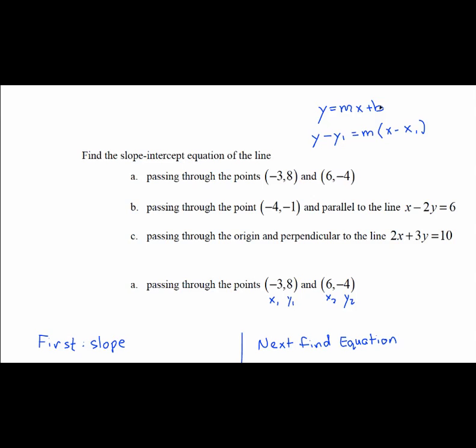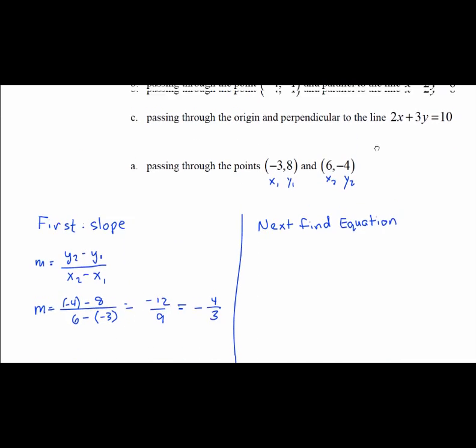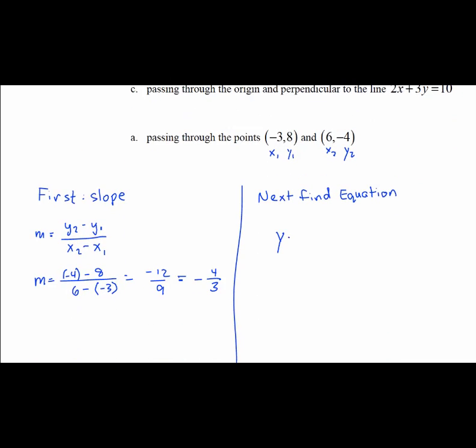In this case, I don't know the y-intercept, which is what I would need to know in order to use y equals mx plus b. I can only use this form if I know the y-intercept. So because I don't know the y-intercept, I'm going to choose to use this point slope form of a line instead. Y minus y1 equals m times x minus x1.